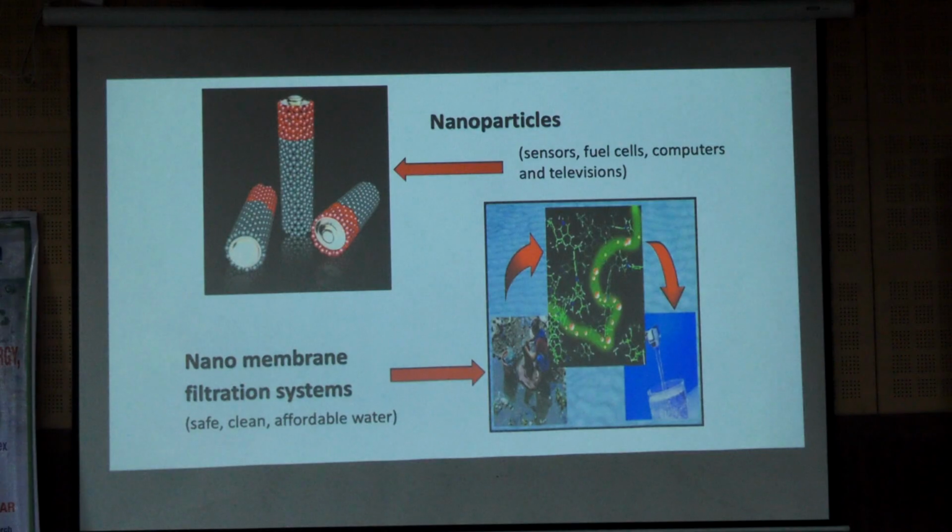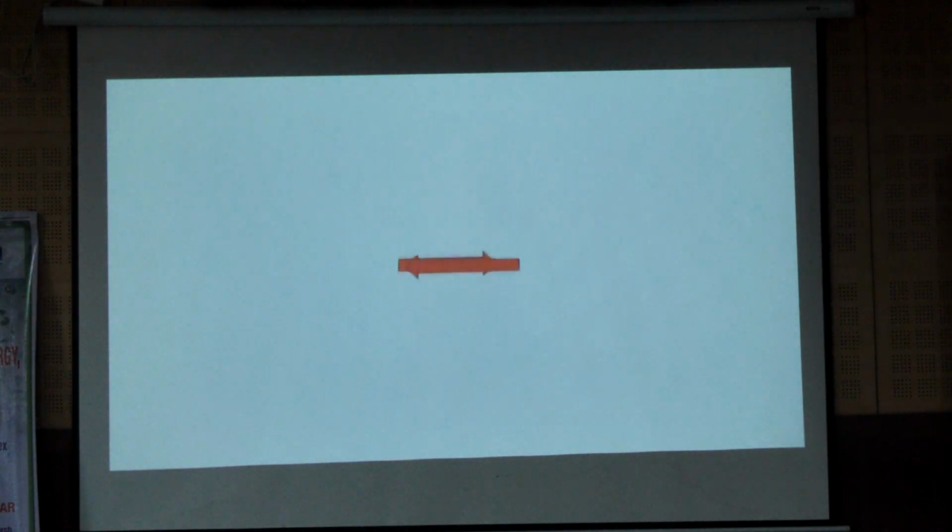That kind of question, not only in the sensor or robots or computer, television, everywhere we need to address this problem. As well as water cleaning, we have to think about the photocatalyst or any kind of nanomaterial that can be used to clean the water.